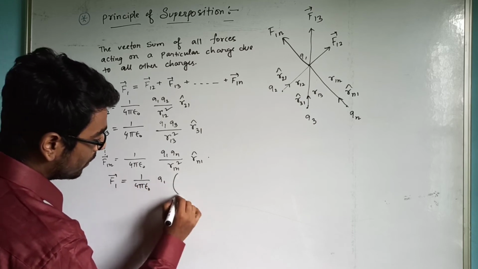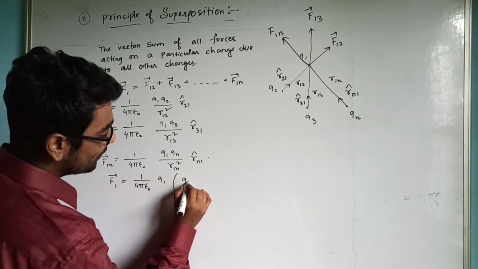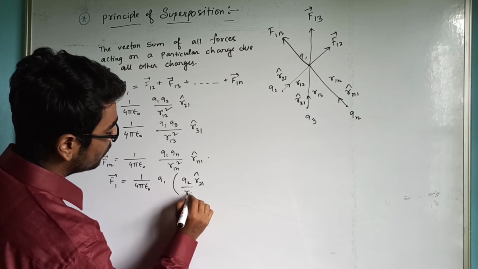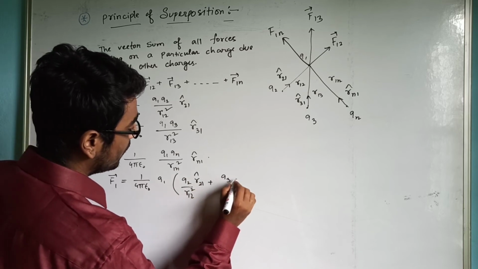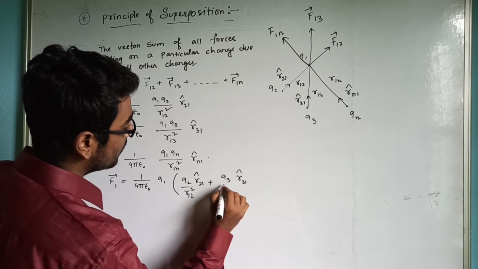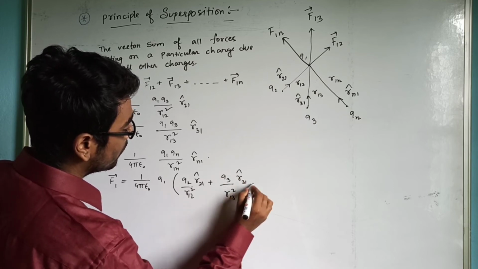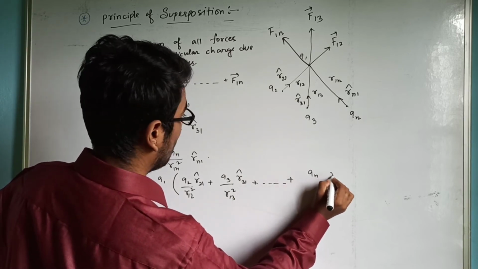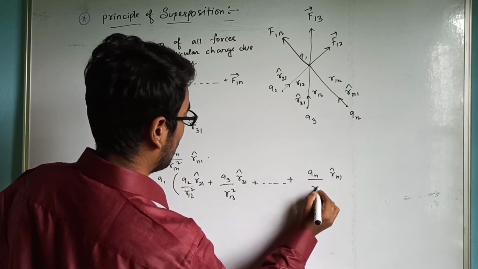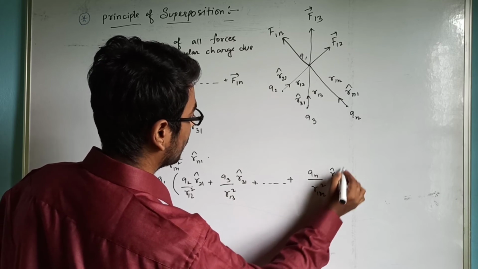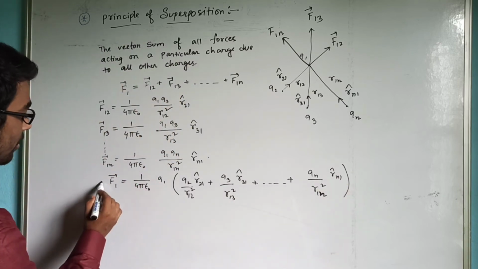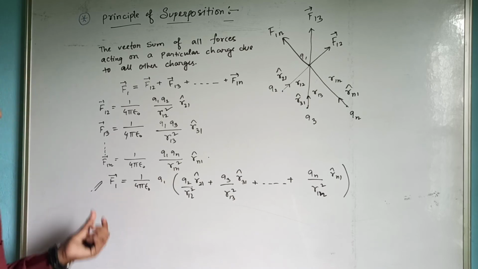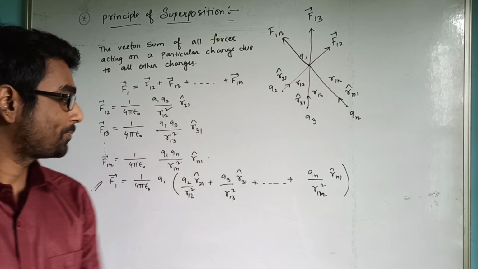What remains is Q2 R21 cap by R12 square plus Q3 R31 cap by R13 whole square plus, in a similar way, lastly Qn R cap n1 divided by R1n whole square. So it is the ultimate expression for the net force or the total force acting on the charge Q1.